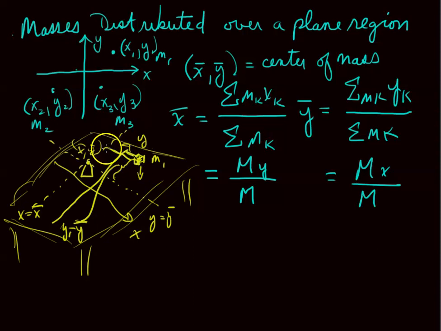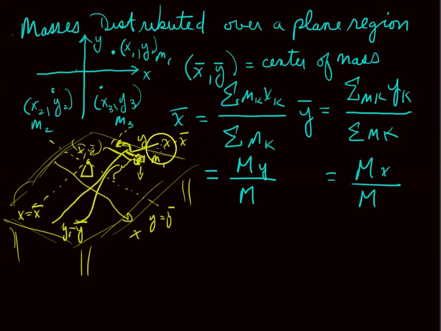Remember this is a negative, so that's why that works. That's the x minus x bar. x minus x bar gives you the moment around the y.